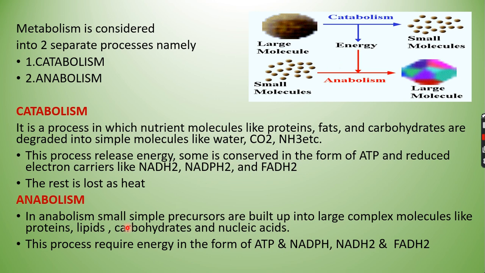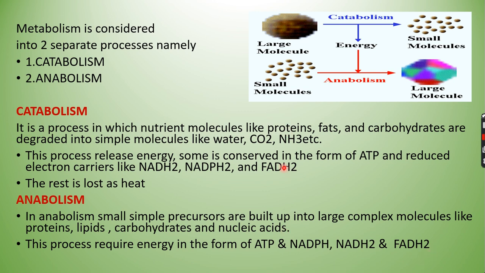Then what is anabolism? In anabolism, small simple precursor molecules are built into large complex molecules like proteins, lipids, carbohydrates and nucleic acids. But putting them together requires energy, so anabolism requires energy in the form of ATP, NADPH or NADH2 or FADH2.